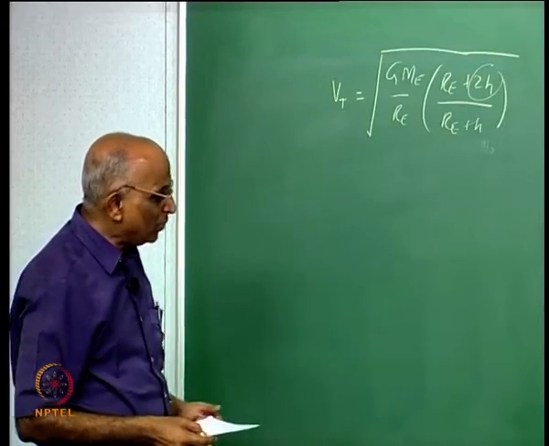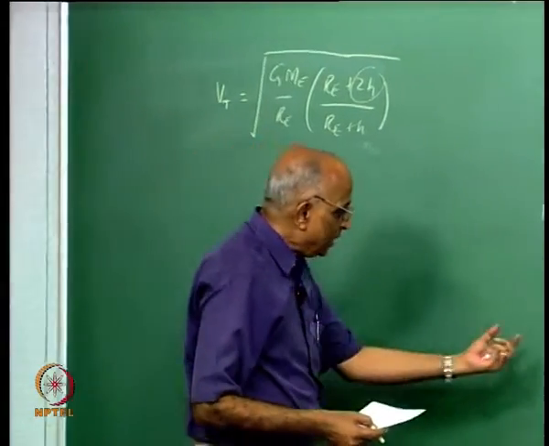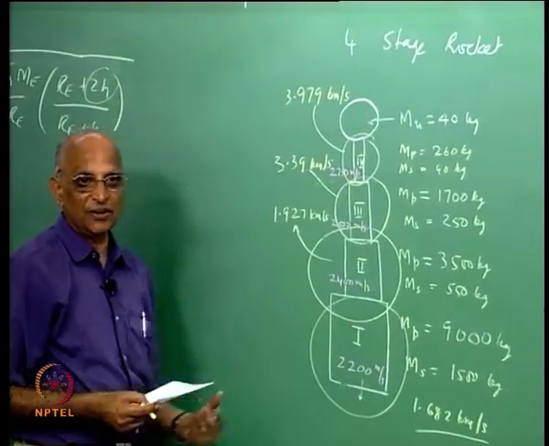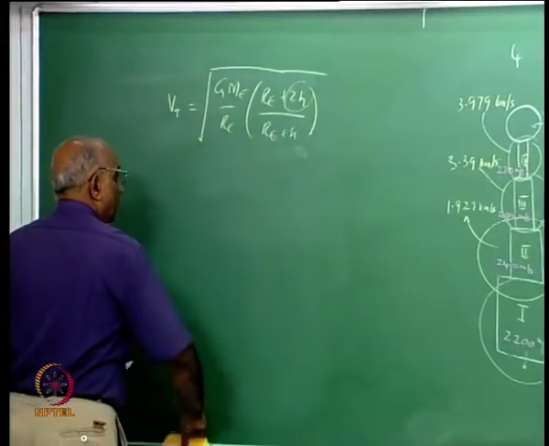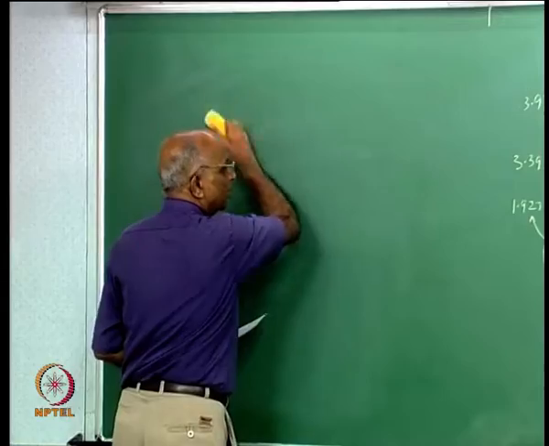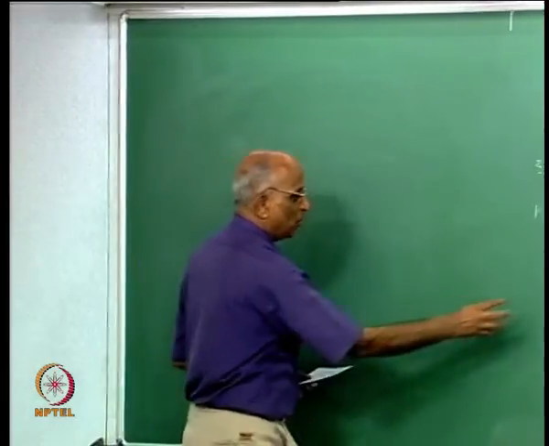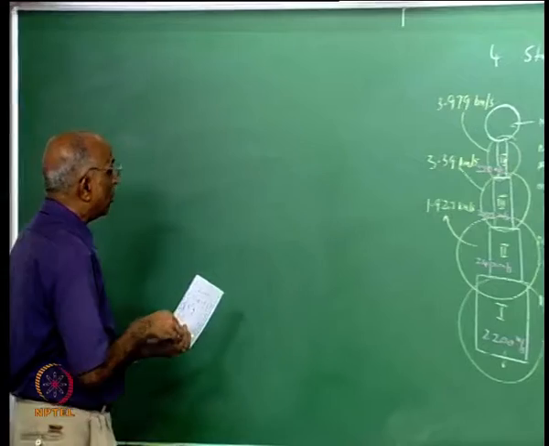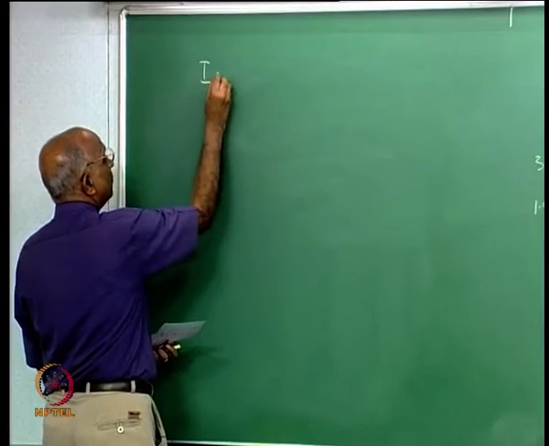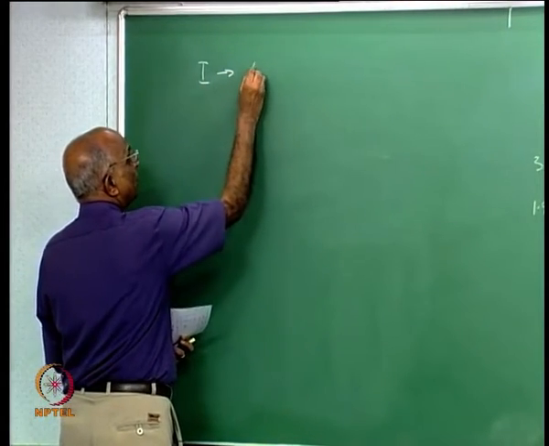Now, to be able to illustrate, do we need strap-ons? What will be the initial acceleration? I give you some more data and let us do a small problem as an extension of this. Suppose this 4-stage rocket, when it takes off, the booster stage or the ground stage, that is the first stage, operates for let us say 50 seconds.